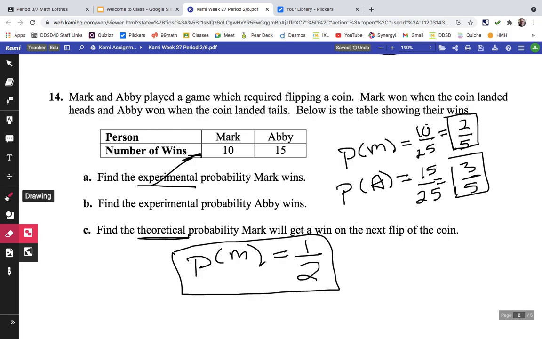So the experimental probability of Mark winning was these 10 times out of the 25. We add those together to get 25, and that's how we get this, and then simplify that to 2/5. The experimental probability of Abby winning was the rest of the times, 15 out of 25, which is 3/5.